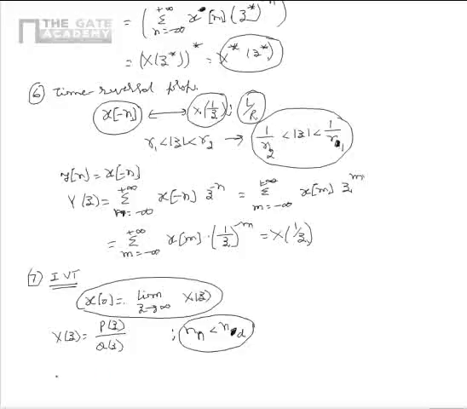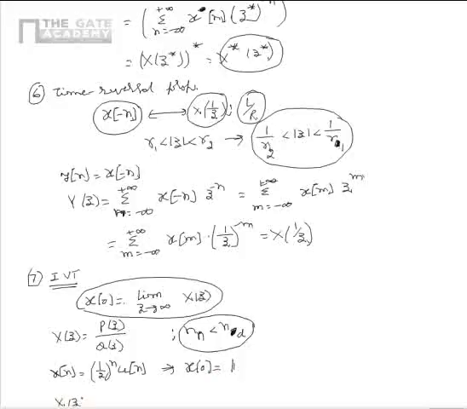Now let us check the same by example. Suppose let us consider a signal x of n that is equal to (1/2)^n u of n. From this we can see that x of 0 is equal to 1.